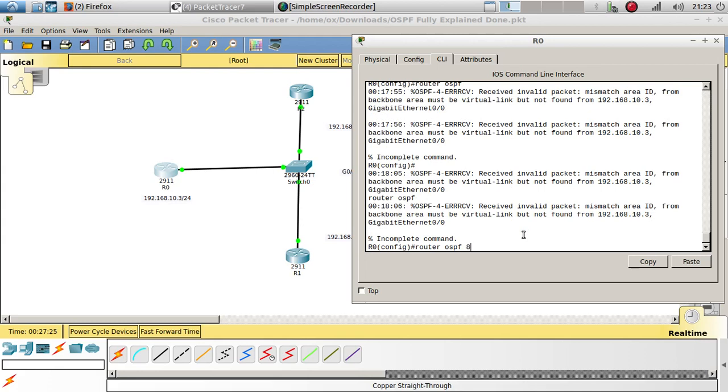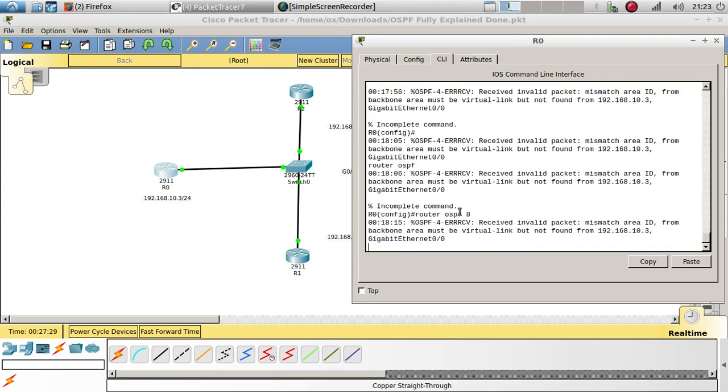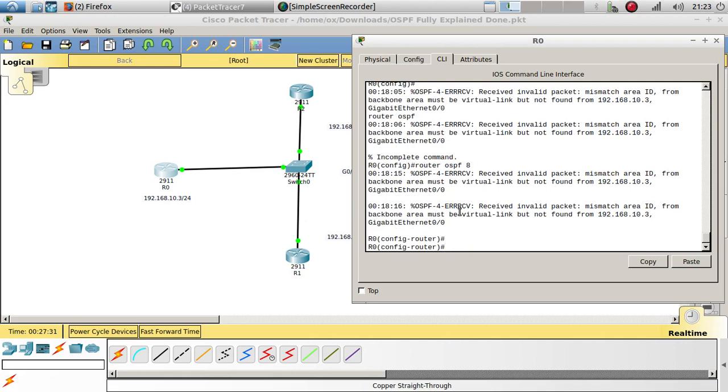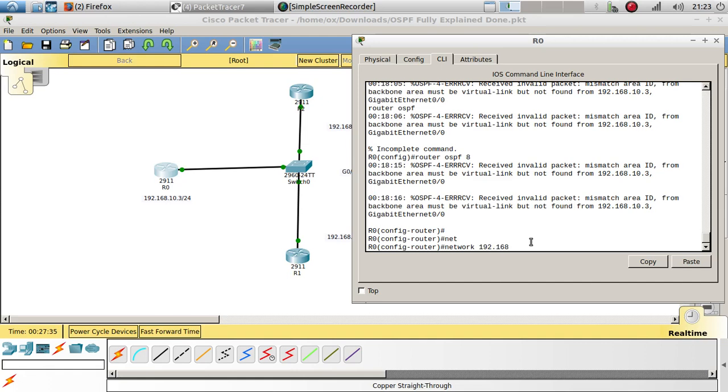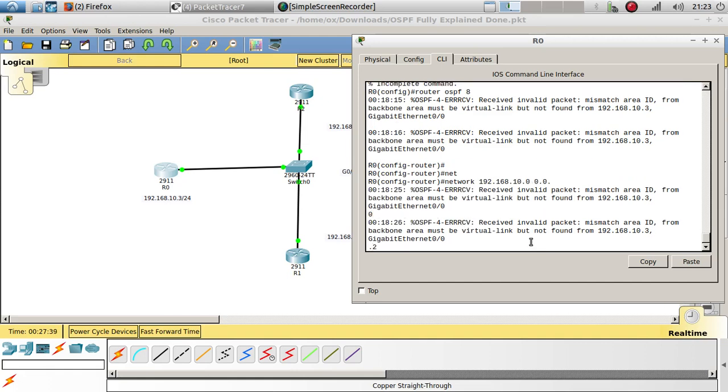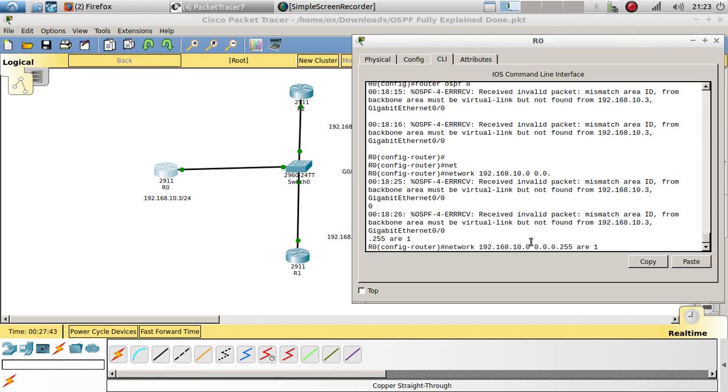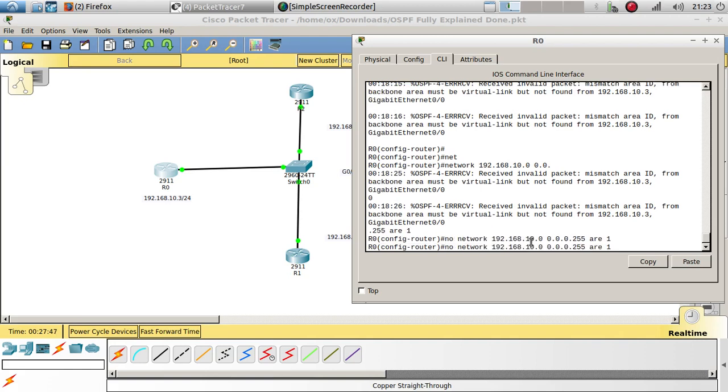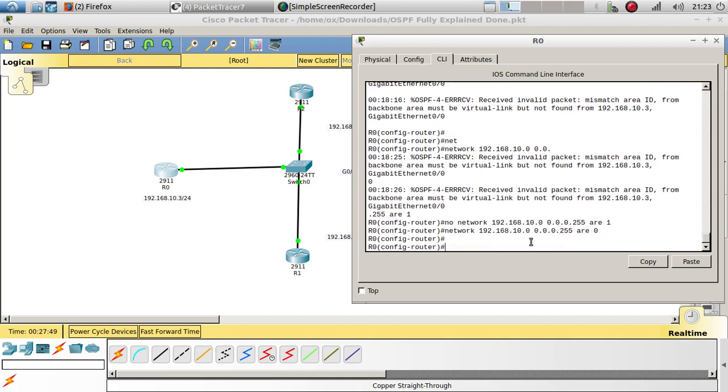And we need to actually be on the same OSPF process for this router where we configured, which was 8, and network 192.168.10.0 255 area 1. Let's delete that and let's add it to area 0.